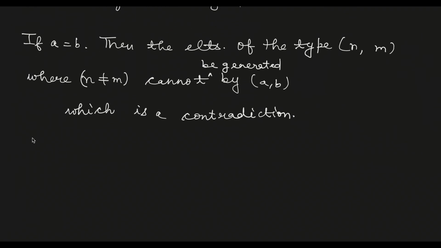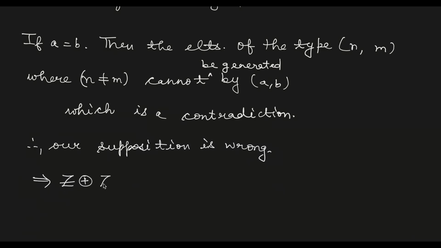Therefore, our supposition is wrong. So Z direct sum Z has no generators, meaning this is not cyclic.